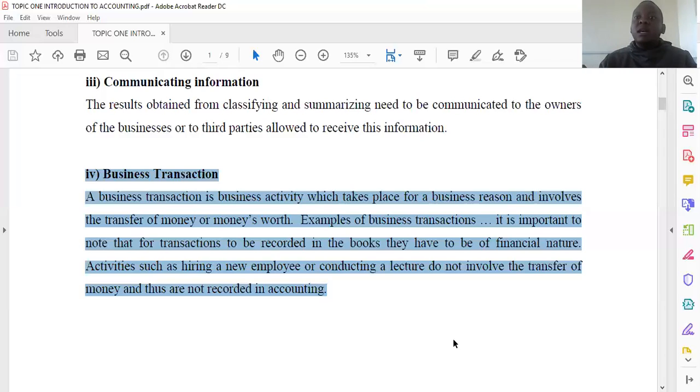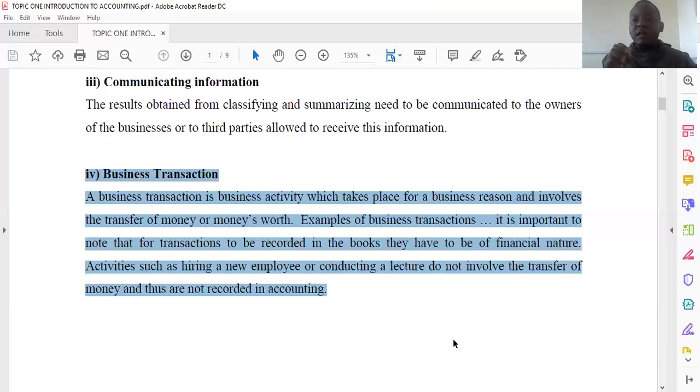You can actually attach the value of money to this activity. So financial transactions, which can be quantified in monetary terms, are the only transactions that can be recorded in the books of accounts by the accountant. Non-financial transactions cannot be recorded in the books of accounts.